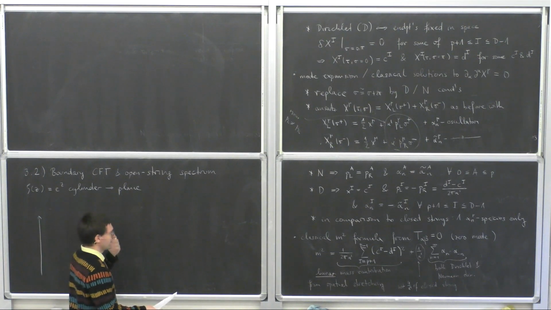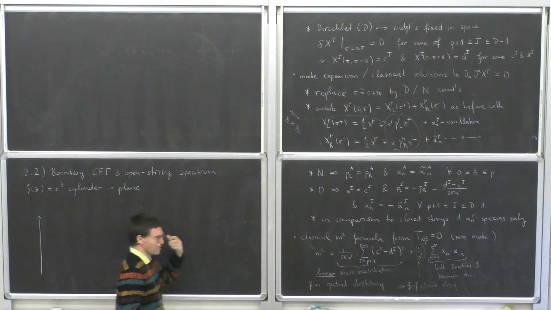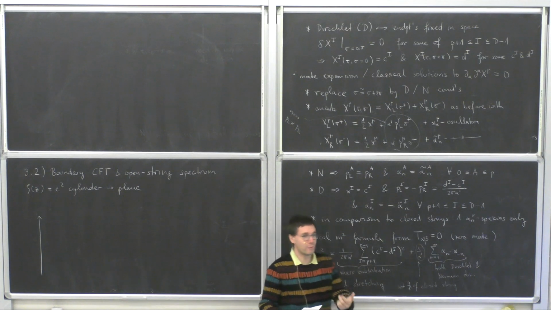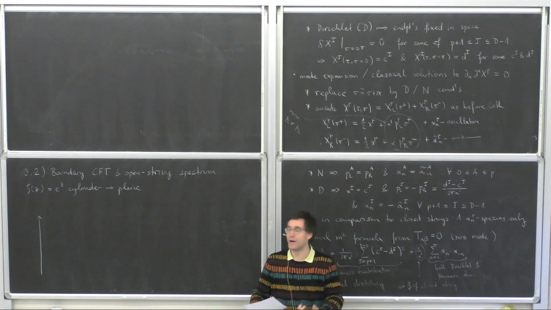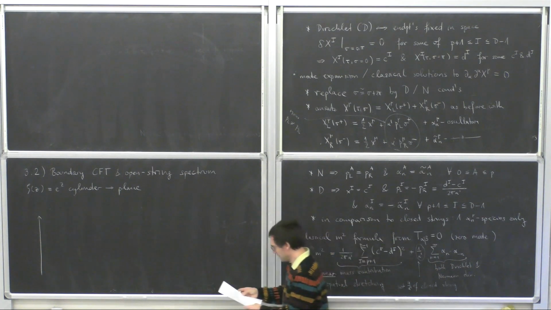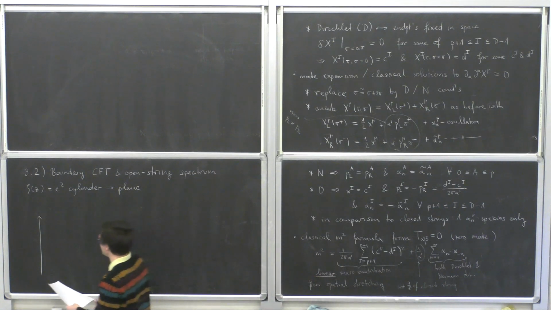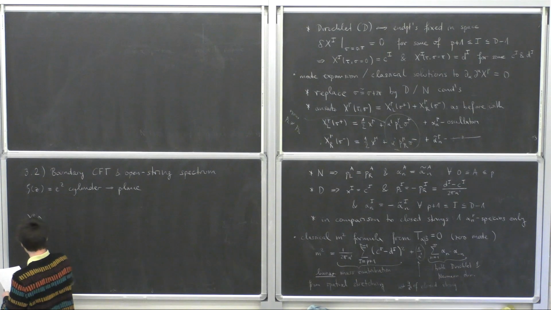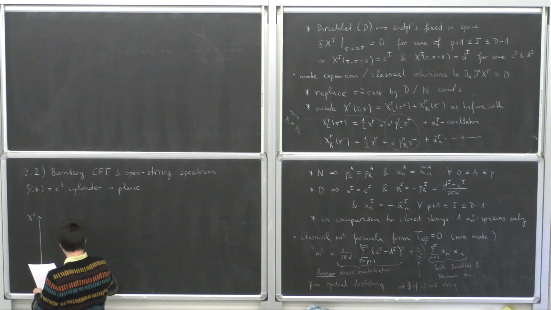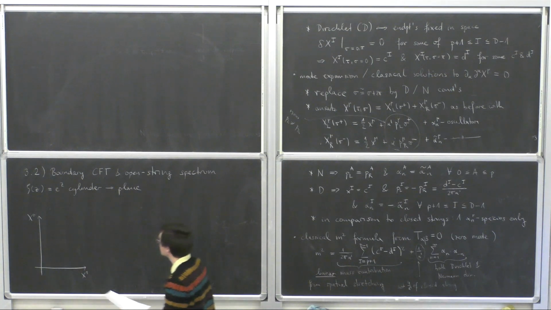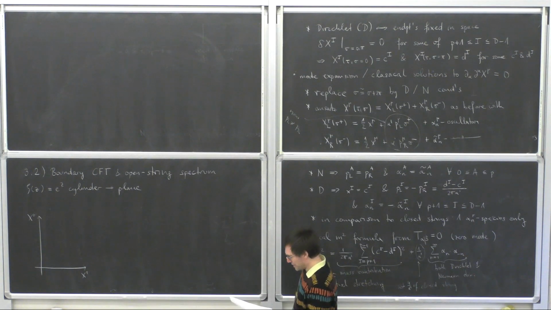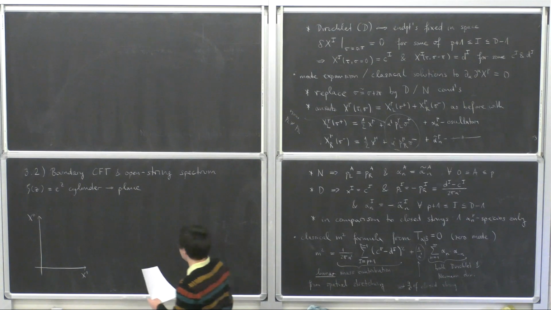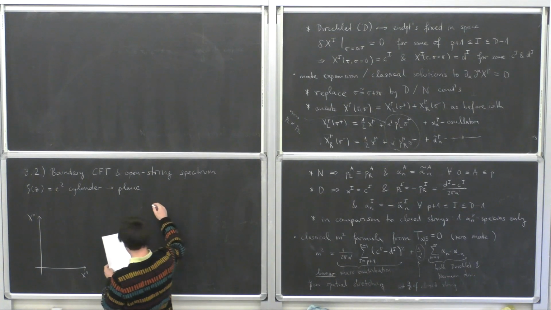And since open strings have this additional boundary, you have to enrich the conformal field theory by this boundary structure. The boundary CFT is an extension of conventional boundary-free CFT, such as to accommodate that extra structure of having a boundary. My goal for now is to give a brief impression of what boundary CFT is.